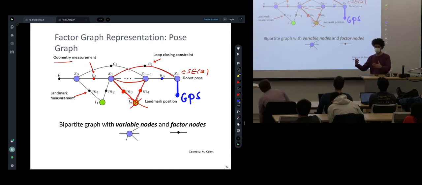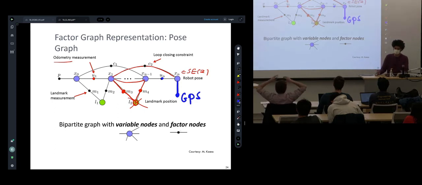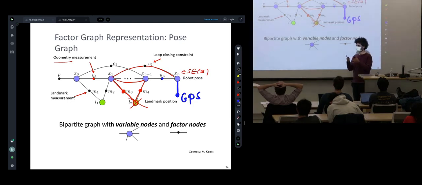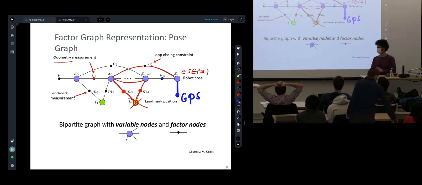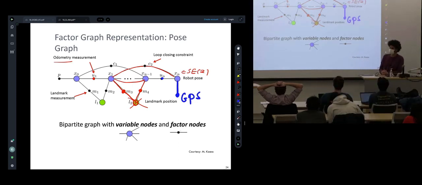If the definition of the factor requires some delay, then you might end up having more nodes. A simple example is when you need to triangulate a feature, maybe using a stereo or monocular camera, to have good initialization of the features by observing it from multiple views. You can do that, and that tends to make the estimation better.